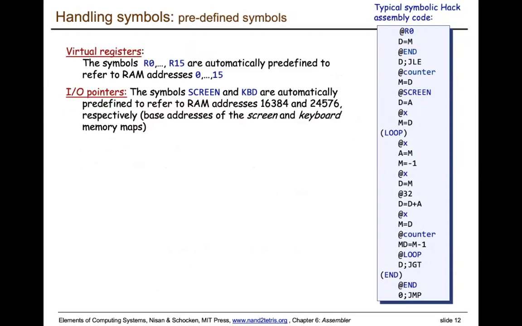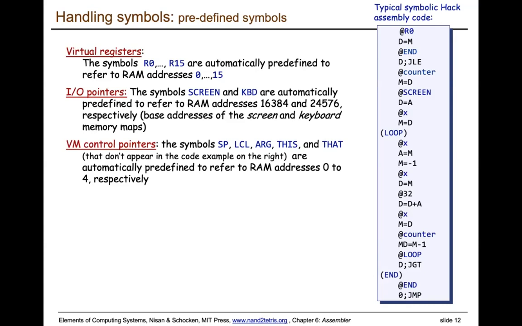And we have other predefined symbols like SCREEN and KBD. SCREEN is for screen access, with an address range from 16,384 to 24,575. And the last one, 24,576, is for the keyboard. So that is for the IO pointers.